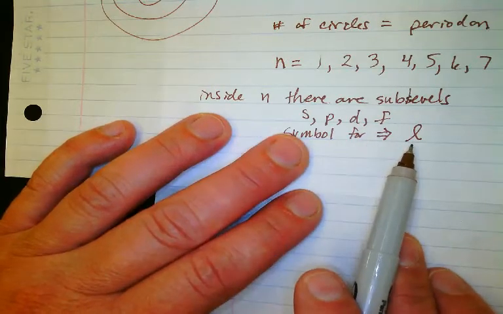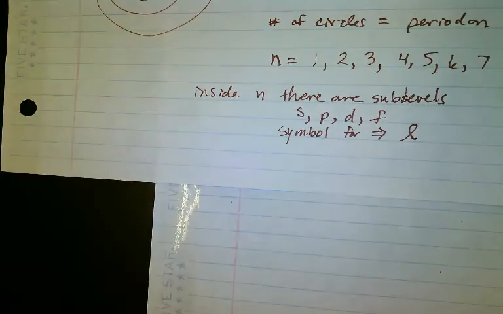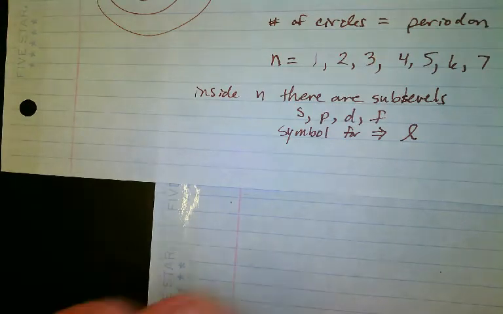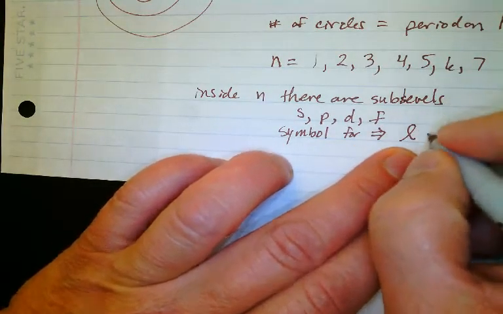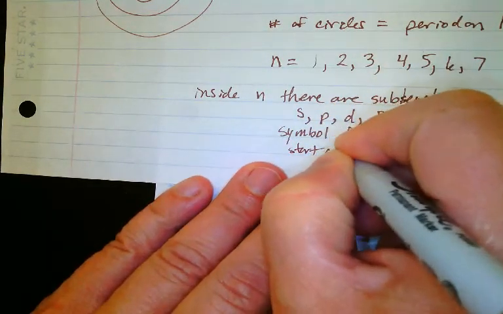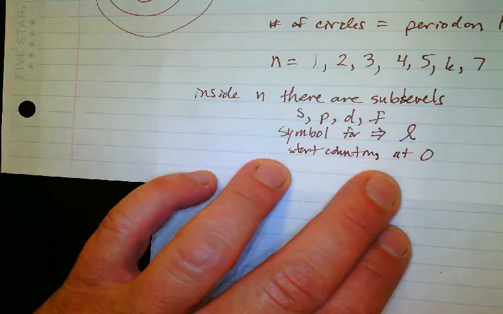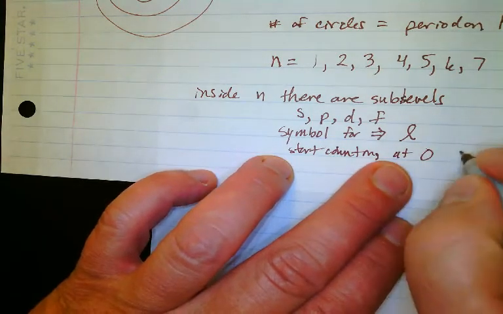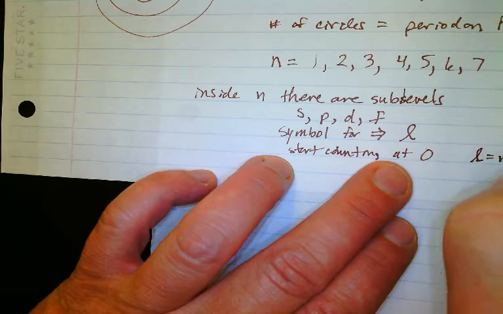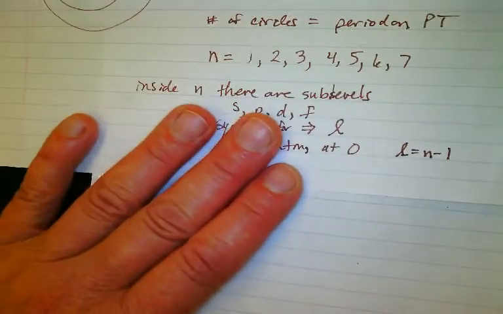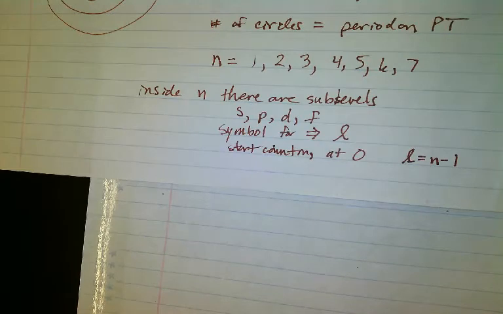The crazy thing is, on l, you have to start counting at 0. So to figure out what l is, you have to take n minus 1. So l can never be equal to n. Alright? Write that down. l can never be equal to n. It's always going to be 1 less than it.